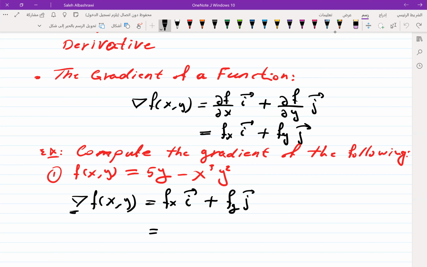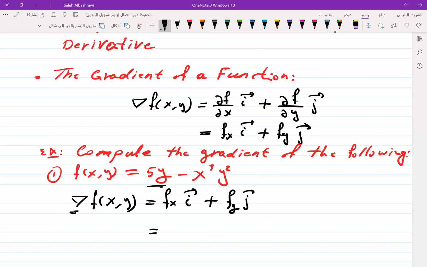If we find the partial derivative with respect to x, we consider y as constant. So the derivative of 5y with respect to x equals 0.